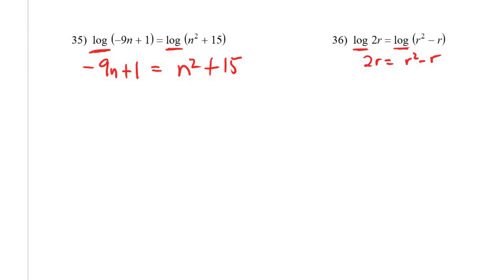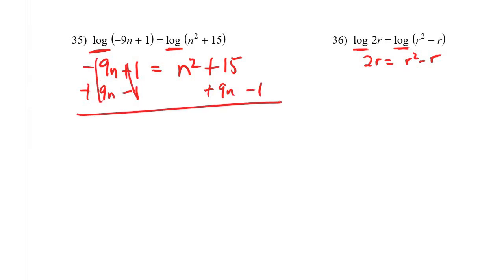I know it's quadratic because it has n squared, so I need to move everything to the same side where I have positive n squared. So, minus 9n minus 1 on both sides. This is all going to become 0 on the left side. It's going to be n squared plus 9n and then plus 14.